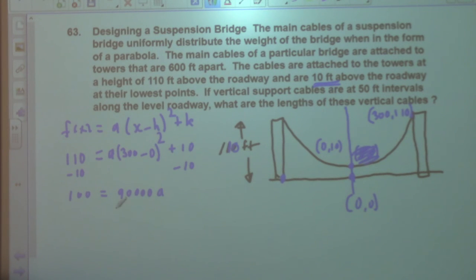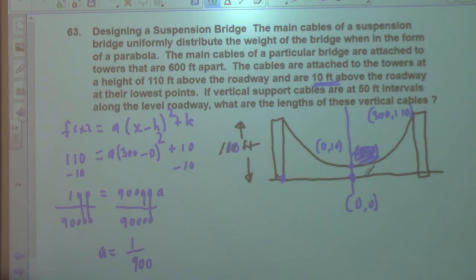And then if we divide by 90,000, a is equal to 1/900th. So a is equal to 1/900th.